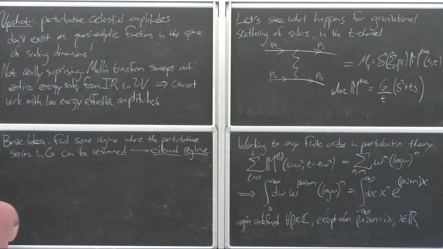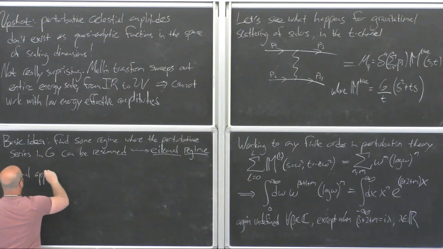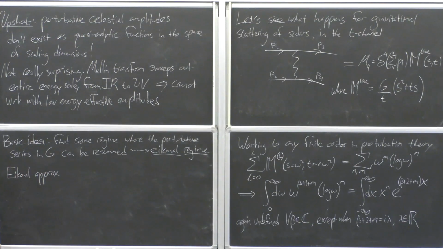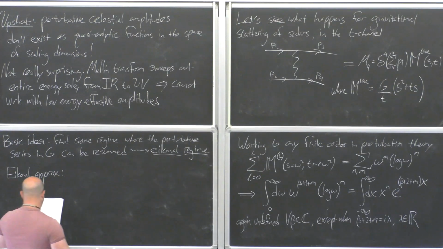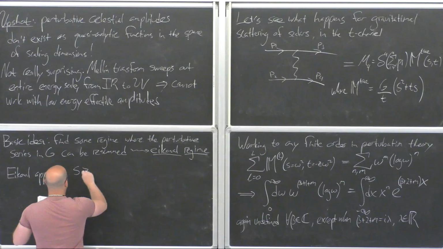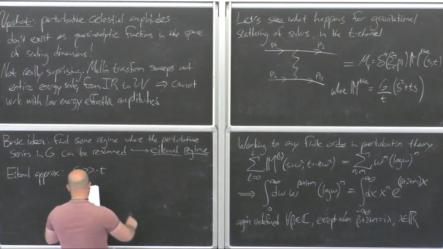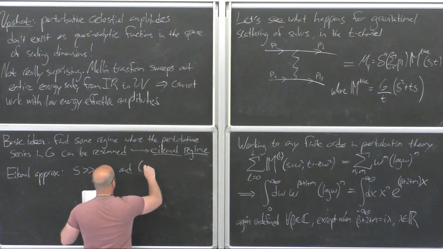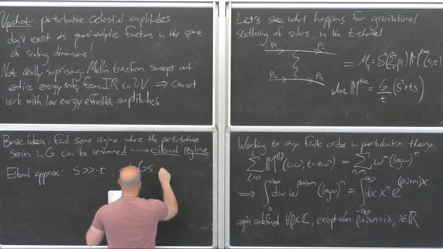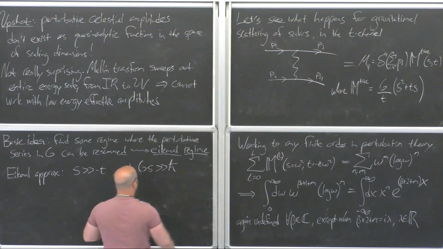So what is this? For quantum field theory coupled to gravity, this eikonal approximation of 2-to-2 scattering holds when your Mandelstam variable s is much larger than minus t, or the absolute value of t, and G Newton times s is much, much bigger than h bar.